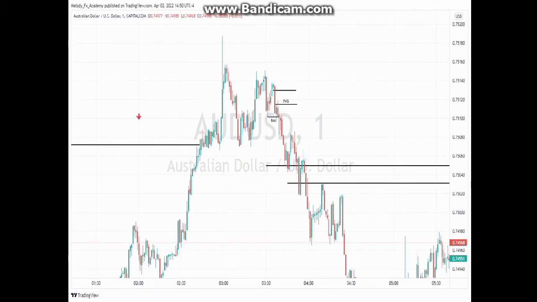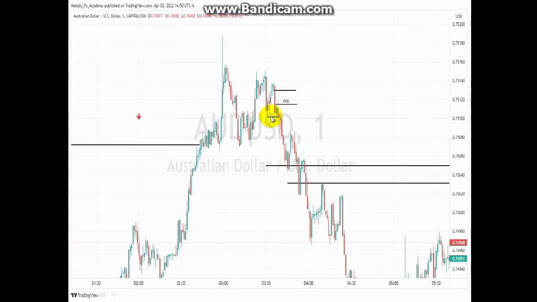Secondly, it reduces your risk. As you can see, this was the 15 minute, where we got our entry on the 15-minute time frame. This is that fair value gap from the 15-minute time frame. But look at where we got in on the 1 minute time frame. We got in earlier compared to the 15 minutes.